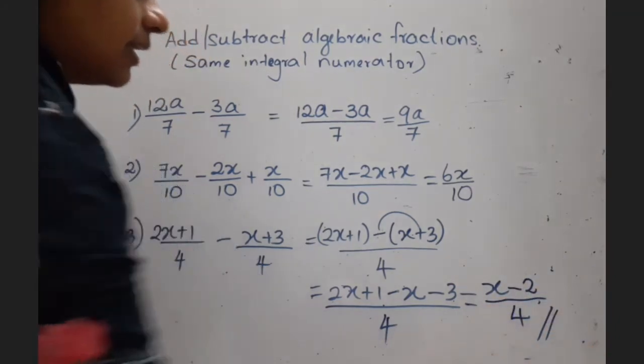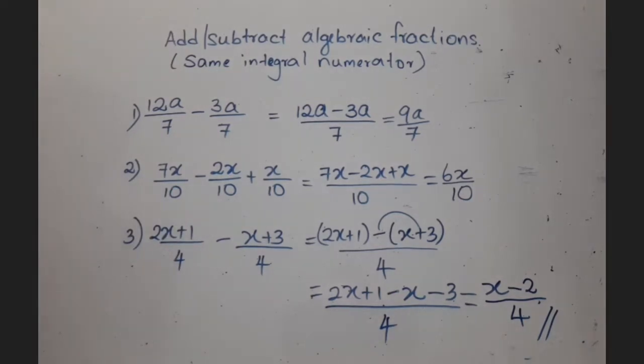So this is the simplified answer of the third one. Do you understand this? So we simplified and subtracted fractions with the same integral numerators. Let's move on to the next section.